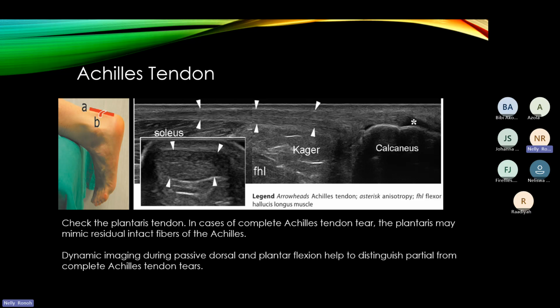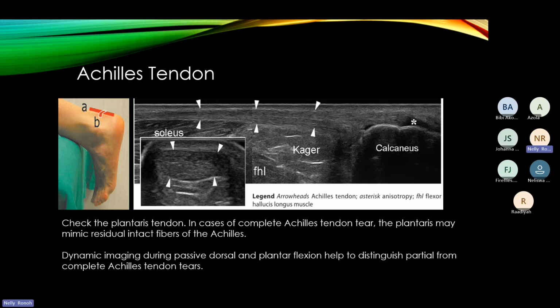Sometimes when there is a full thickness tear of the Achilles tendon, you can see another tendon running down, and you might think it's a remnant or a partial thickness tear of the Achilles tendon. But when you follow it all through, you can see that it is very long, and it has an origin and an attachment as well. So that would be the plantaris, but that one is a variant.